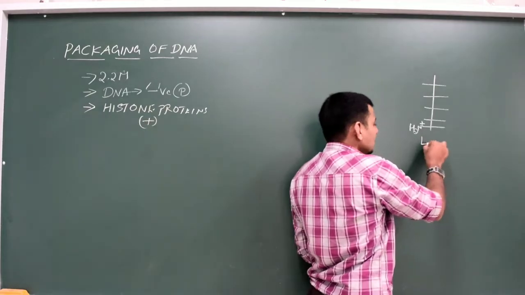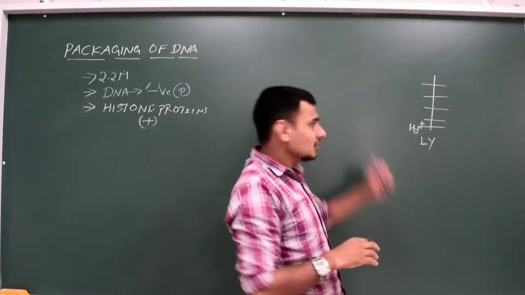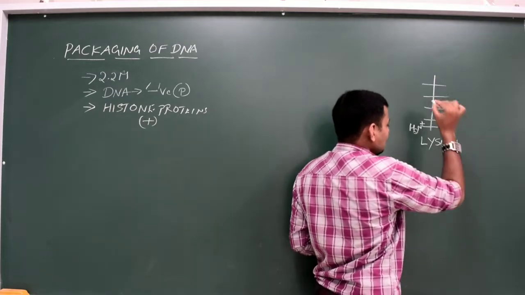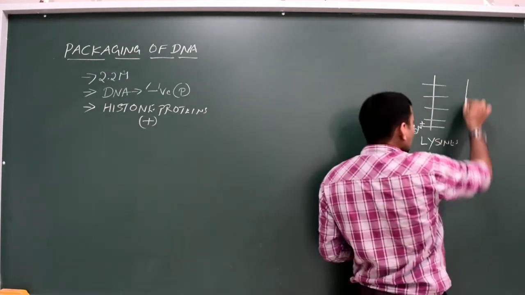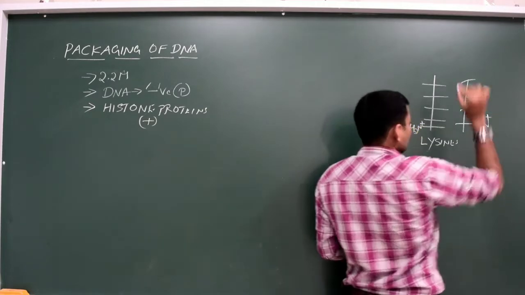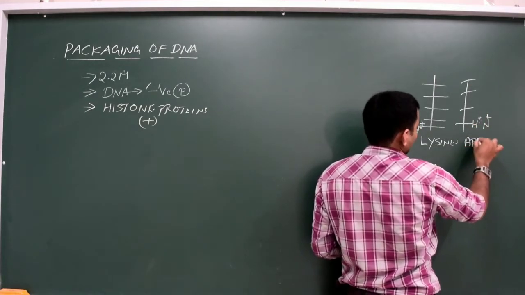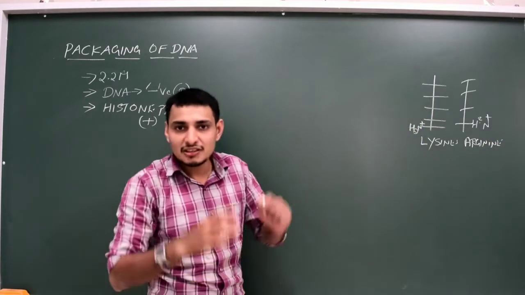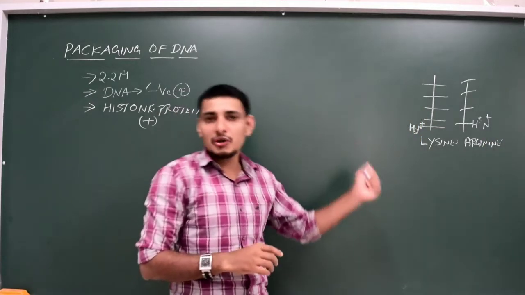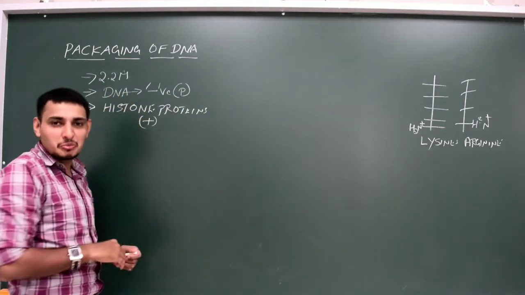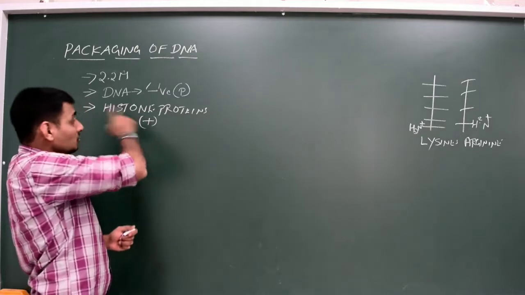One amino acid among the many amino acids that form the histone is called lysine. Lysines have positive charge. Another amino acid is called arginine. Remember it, lysines and arginines have positive charge. These are the amino acids present in the histone which give positive charge to the histone proteins. Remember it, you may get a question. So this is the thing.